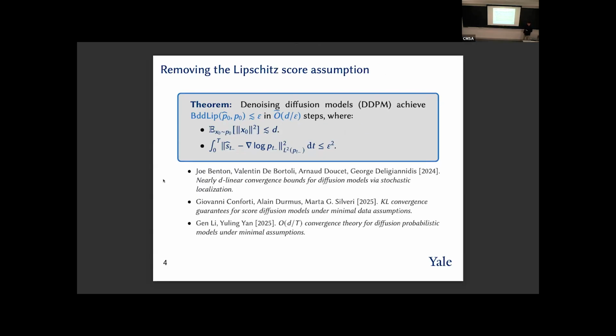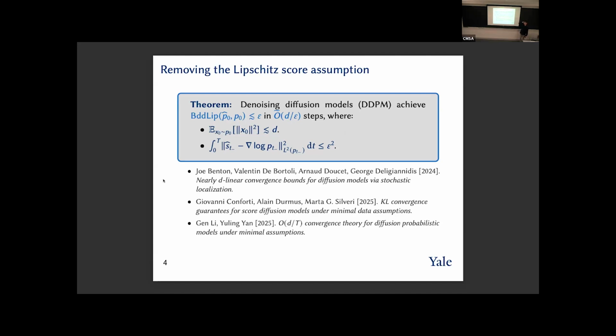So this is, I think, one of the best results for these diffusion models recently. Now we've completely gotten rid of the Lipschitz score assumption. Now there's only a second moment assumption on the data distribution. This allows your data to be lower dimensional or all sorts of crazy things. But now the error metric is changed to the bounded Lipschitz metric rather than TV.